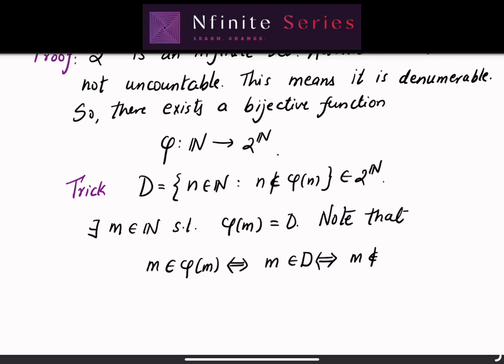So we started with m belongs to phi of m, we got m does not belong to phi of m, and vice versa. So these two statements contradict each other. So we arrive at a contradiction.